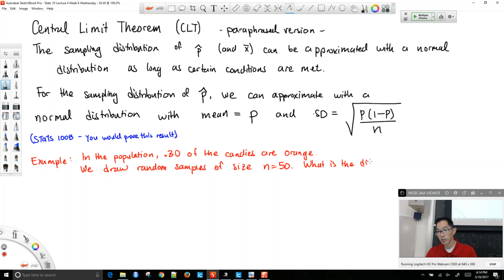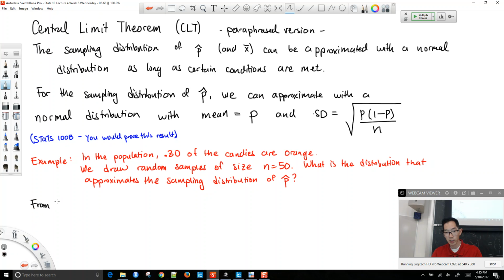What is the distribution that approximates the sampling distribution of p hat? Okay. And so our answer is using the central limit theorem.